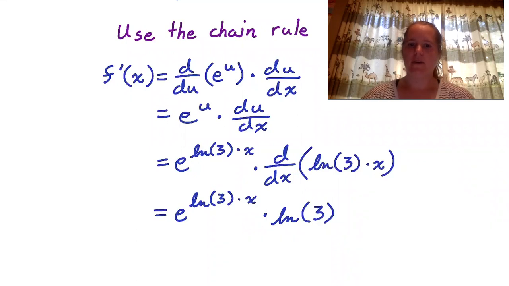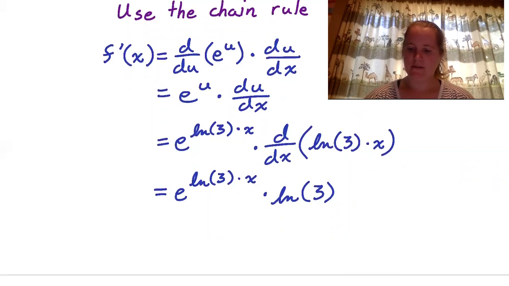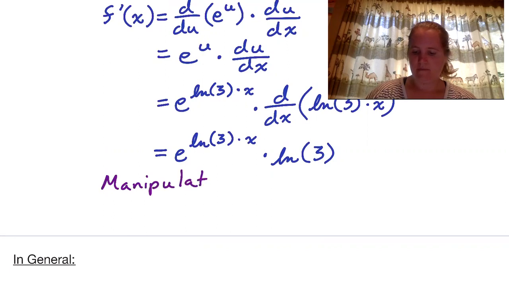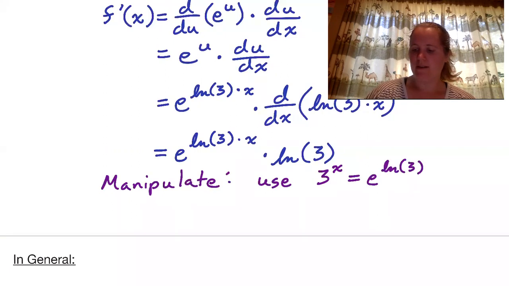And from here now, we're going to just do some manipulation. So we earlier noted that 3 to the x could be written as e to the natural log of 3 times x.